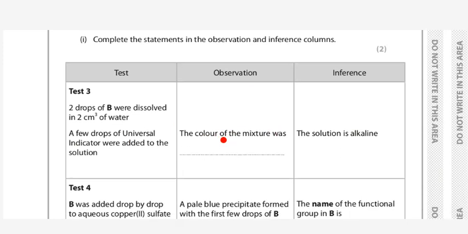It can be blue color, blue. Even if you write purple, that's fine because we don't know. For a strong alkali, it's purple. Weak alkali is blue. So either blue or purple can be written.